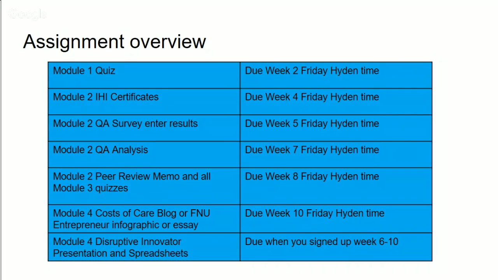The last assignment in Module 4 and the final assignment for the course is the Disruptive Innovator presentation and also the spreadsheets that go along with that presentation. So this assignment is essentially putting together a business plan.